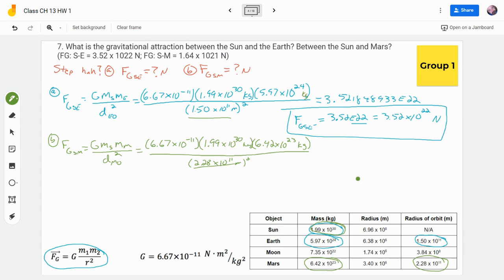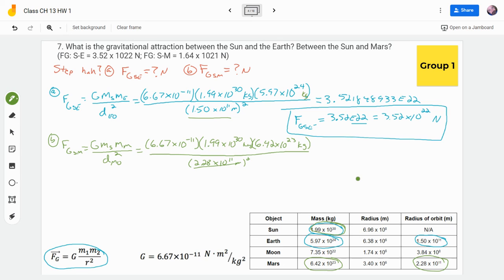So if we do all of this in the calculator, 6.67 EE minus 11 times 1.99 EE 30 times 6.42 EE 23 divided by 2.28 EE 11, and that gets squared on the bottom. We're only squaring that bottom part.